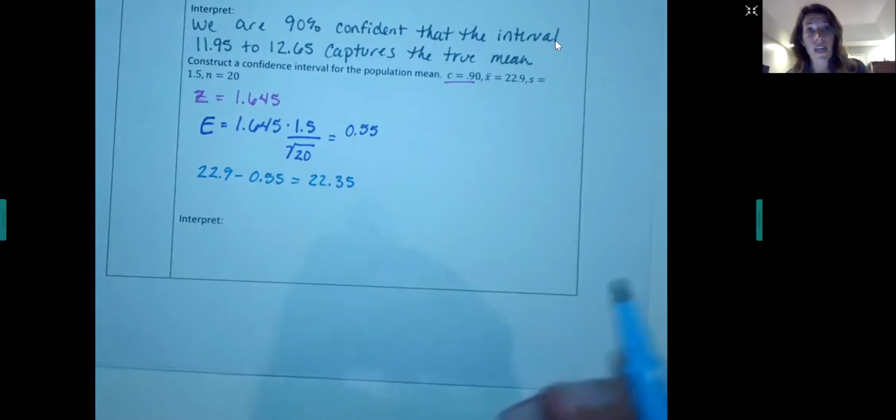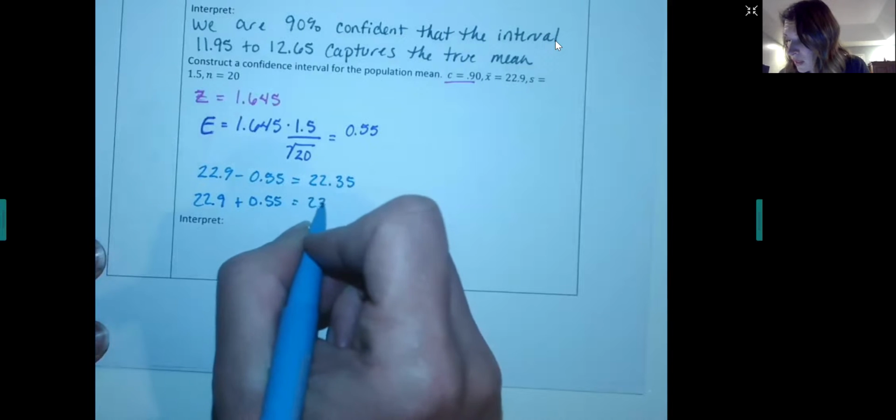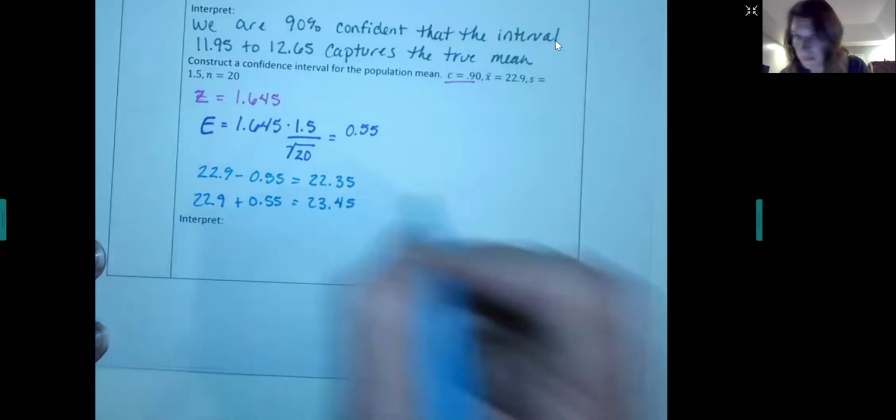And then I also have to add it. 22.9 plus 0.55 gives me 23.45. Okay, so this is my confidence interval.